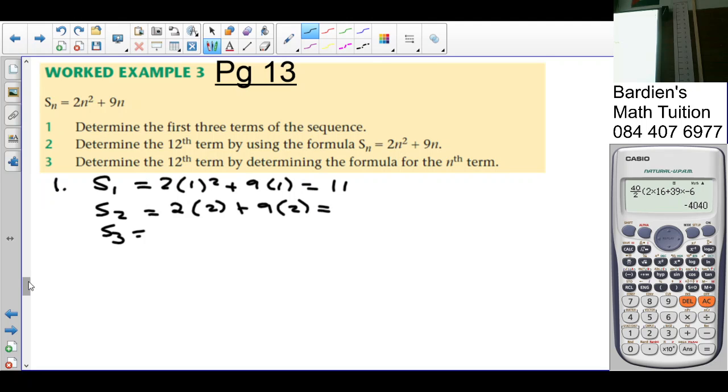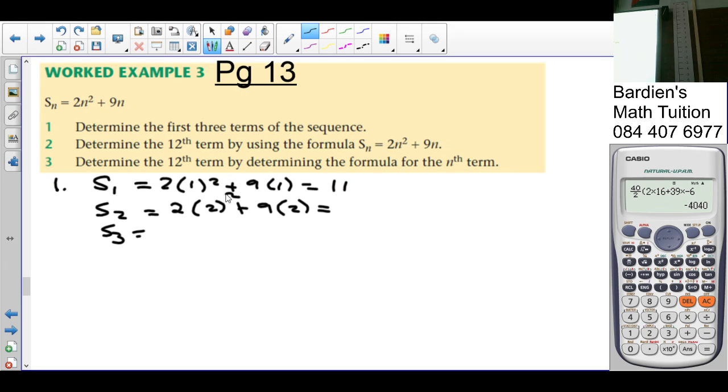You all okay with that? And the same with term 3. So do that with me. Alright, so term 2 gives us what?